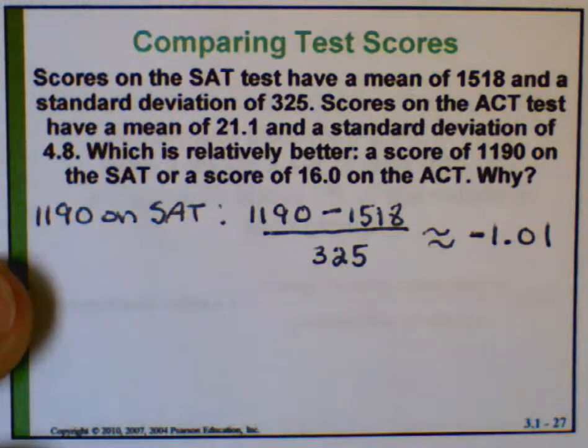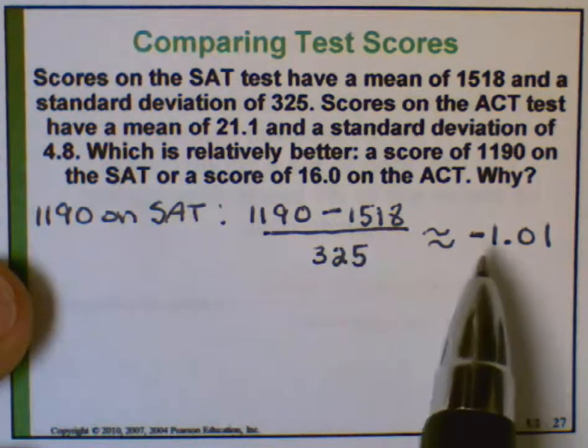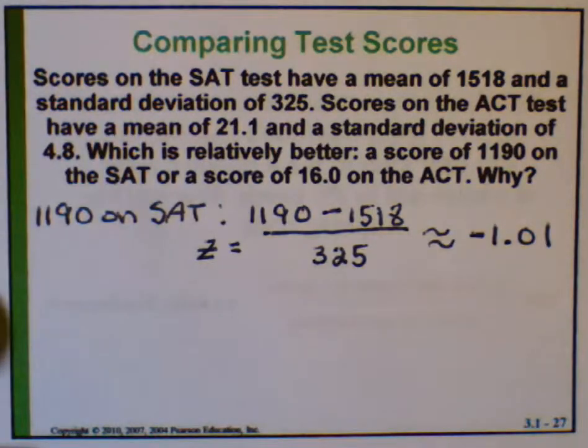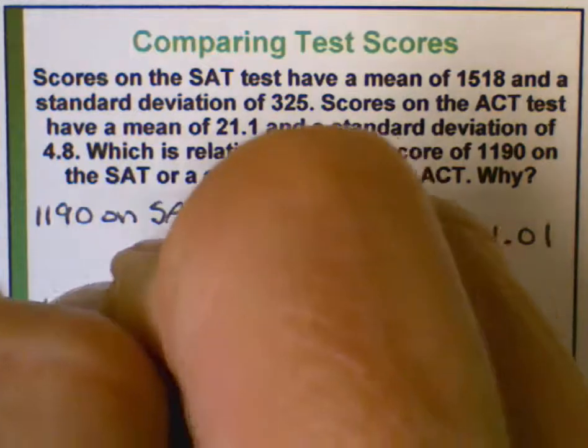It's a little more than 1 standard deviation below the mean. And again, because 1190 is below the mean, I was expecting a negative z-score. How about a 16 on the ACT?